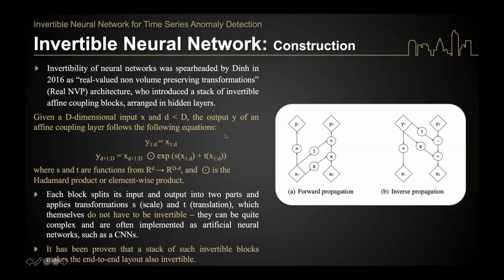But the idea is this: this little coupling block is constructed in such a way that if we go from the bottom up, the input is split into two portions, x1 and x2, and then two transformations are applied to x1. So x1 maps to part of the y directly, right? This is a direct mapping, whereas x2 is calculated based on x1 and some transformations.